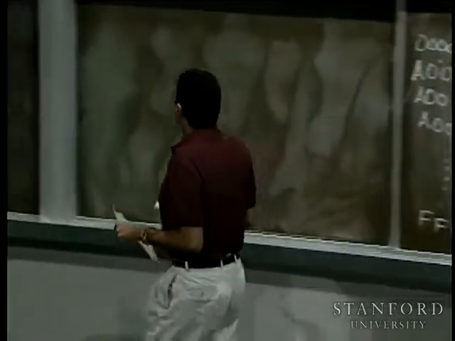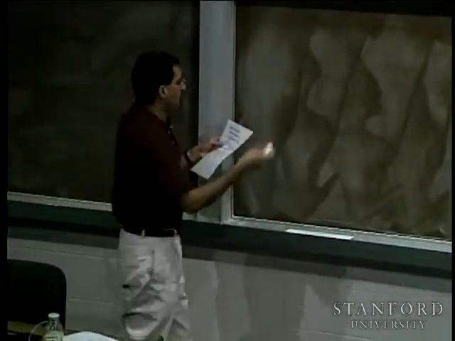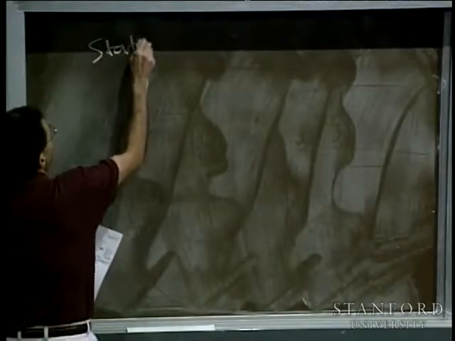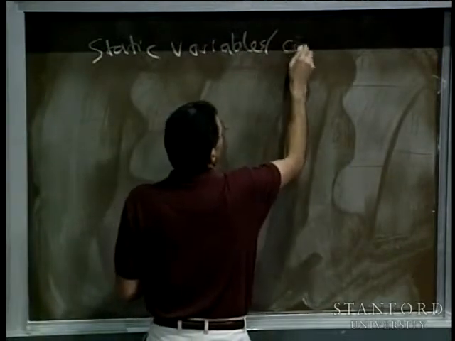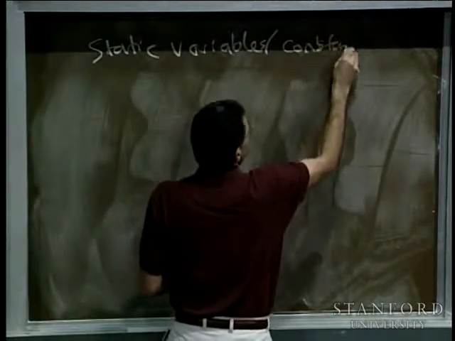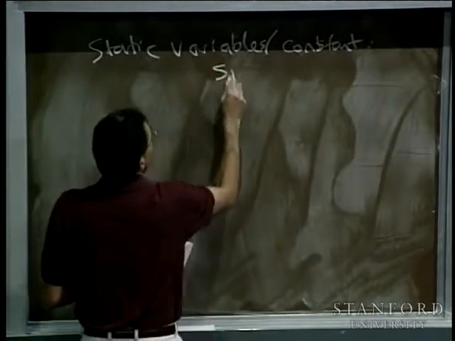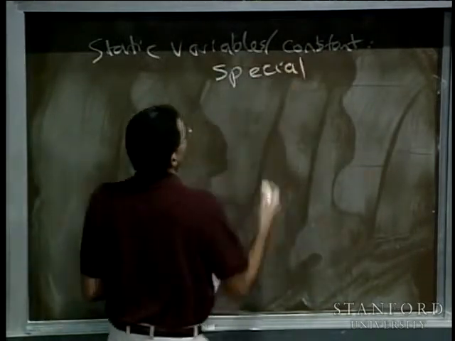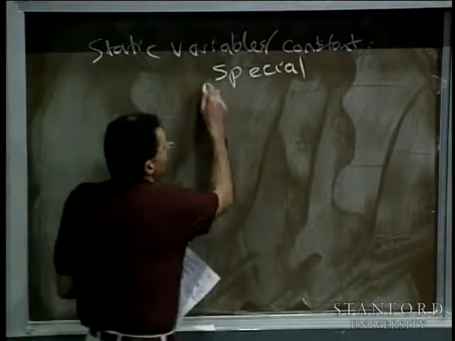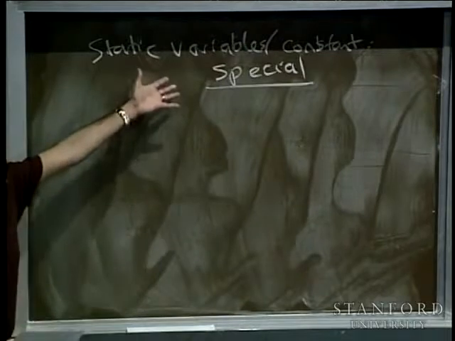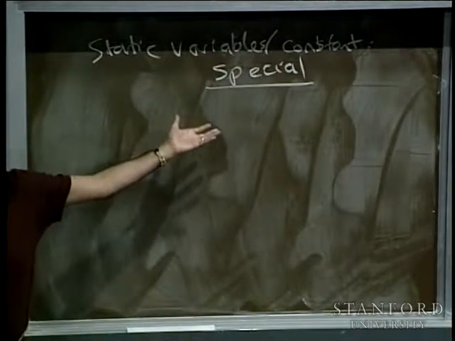Okay? And so the places where this memory comes from, and I'll show you all 3: there's some place where all of your static variables or your constants live, you could kind of think of them as final variables. There's some special place that's set aside, so this is kind of special, right? Or if we want to get multicultural, it's especial, right? So basically, we have static variables and constants that are just stored in the special location.